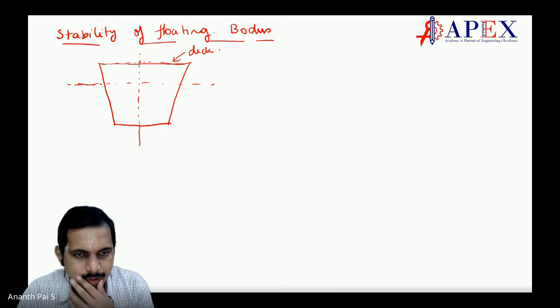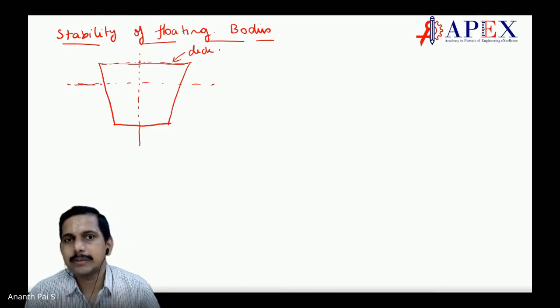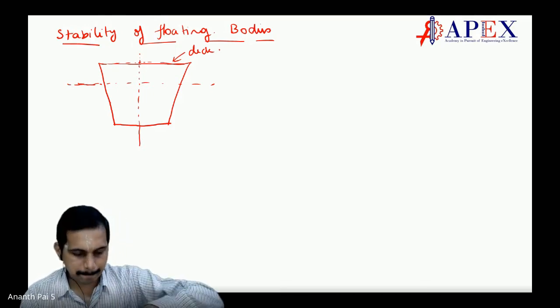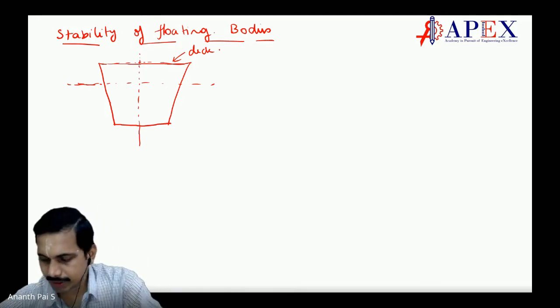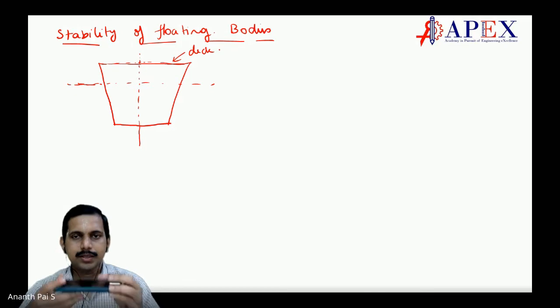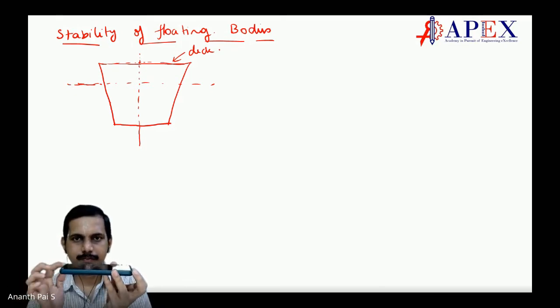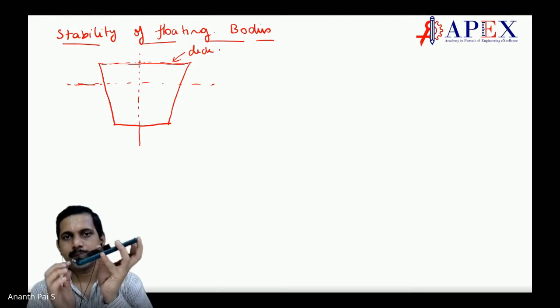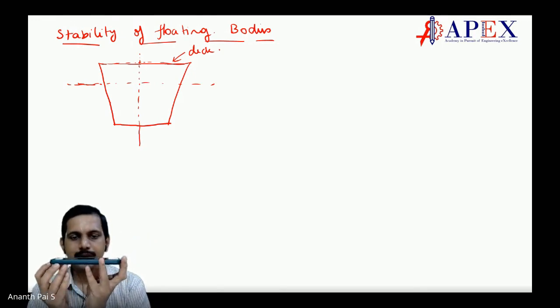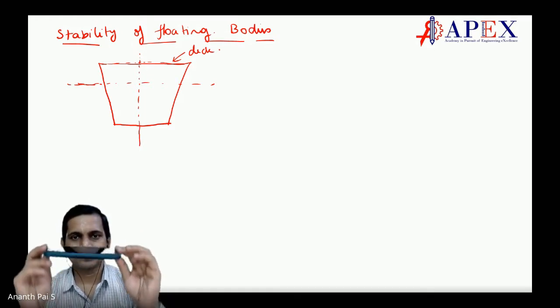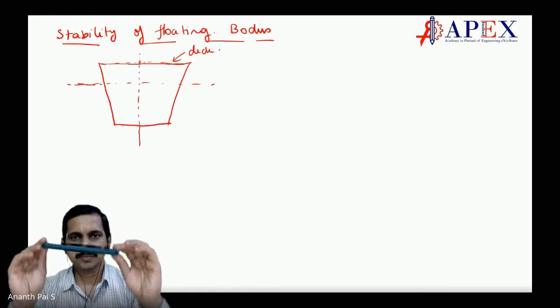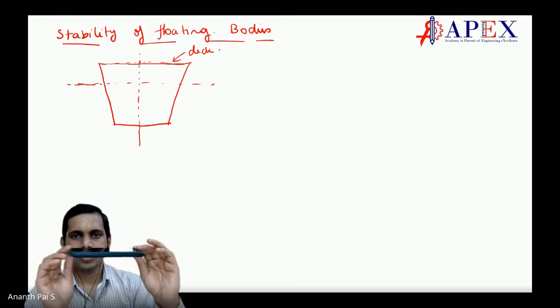Now see, in a ship there are three types of movements. One is called pitching. See, this is the ship, for example. I will write using mobile. This is the length of the ship. This is the width of the ship. I hope you're able to see my mobile here. Now, if it goes like this, it is called pitching. This is yaw, it goes here and there.